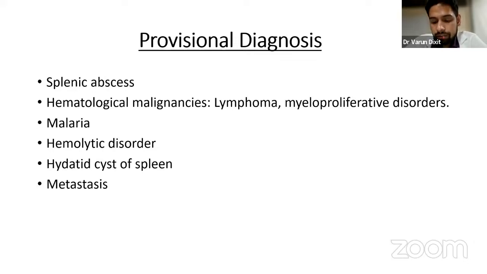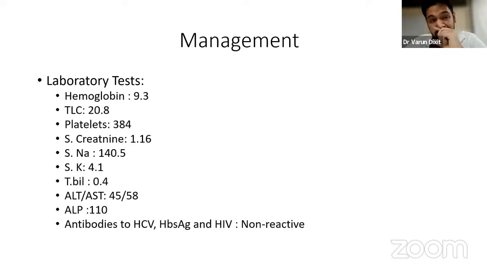Followed by that, we sent the laboratory investigations, which came out to be hemoglobin 9.3, TLC 20.8, and platelets 384,000. Serum creatinine, serum sodium, and serum potassium were not significantly deranged.